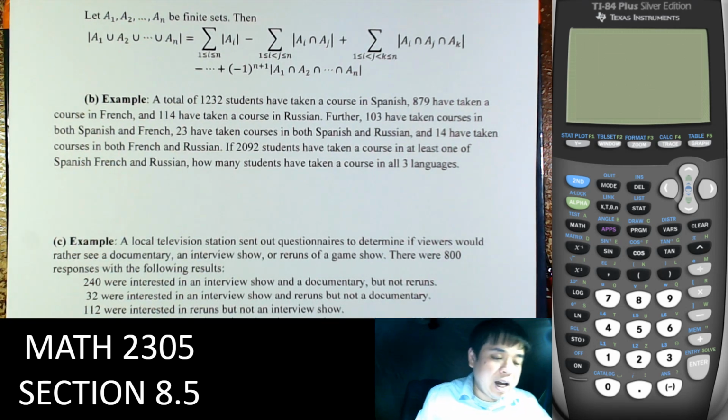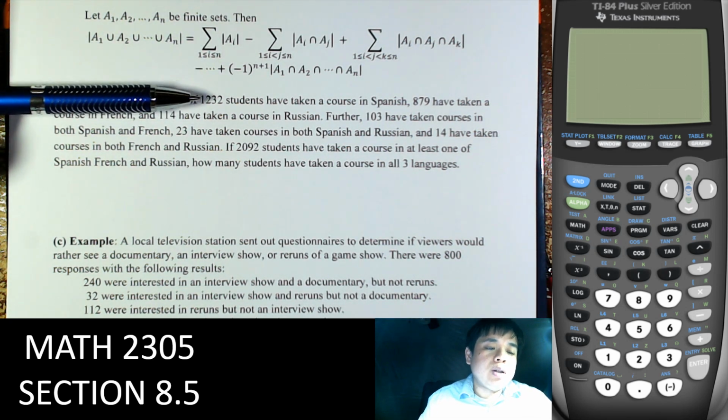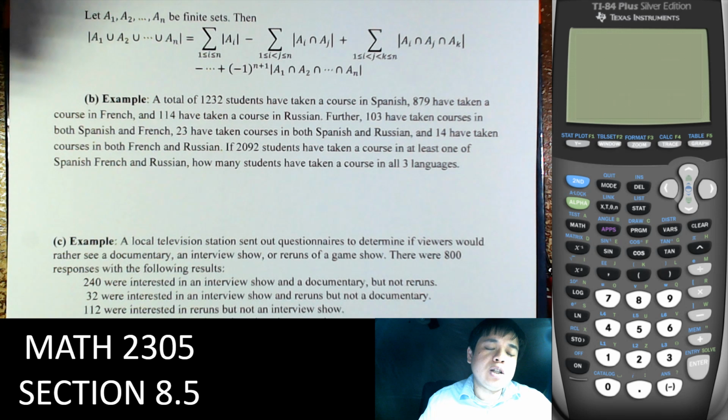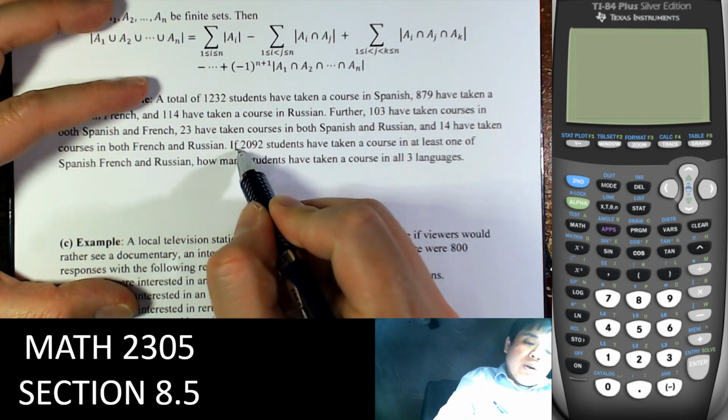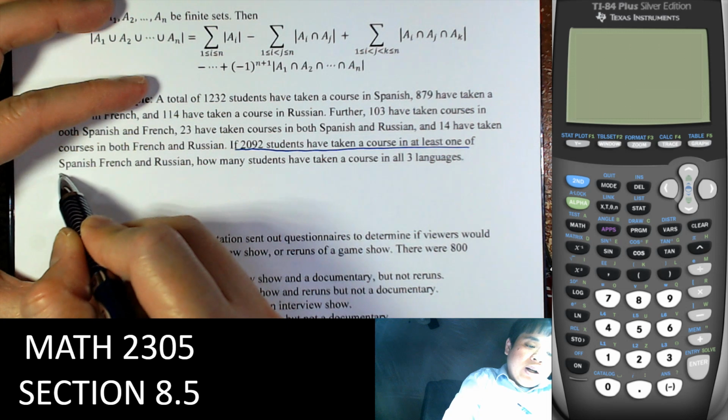Right, now with that, go to this one. A total of 1,232 students have taken the course in Spanish, 879 French, and 114 Russian. Right, and we have the total of taking at least one.